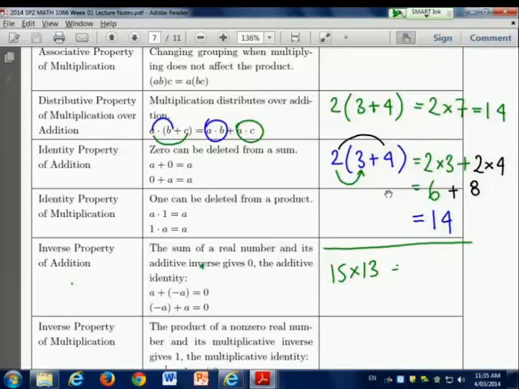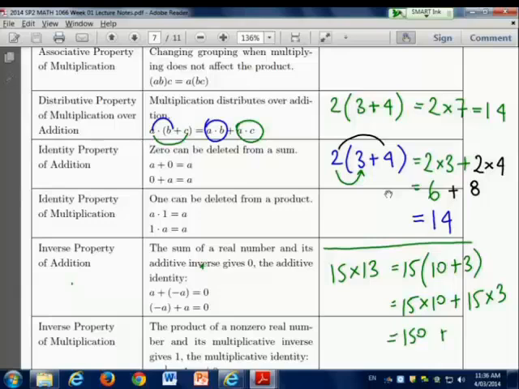They'll say, well, really, this is 15 times (10 plus 3), because 13 can be written as 10 plus 3. So now I'm going to work out 15 times 10, and 15 times 3. This is much easier because it's a multiple of 10, which is why they chose it. 150 plus 45, 195. They're just doing this rapidly in their head, and that's how they can multiply much larger numbers together.